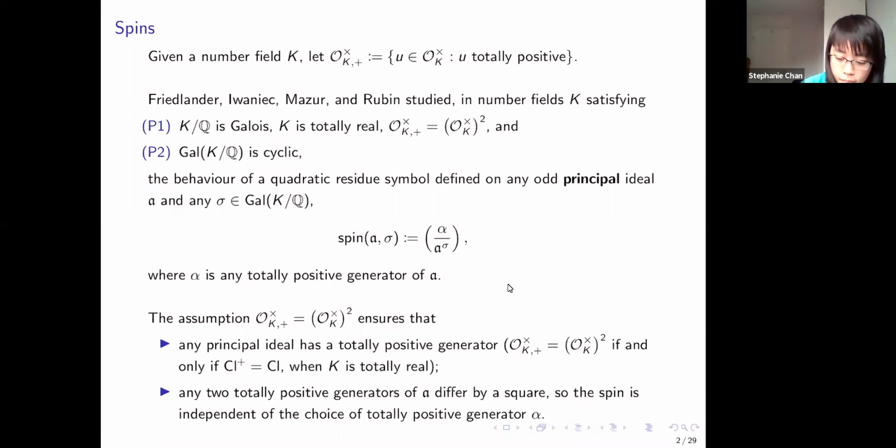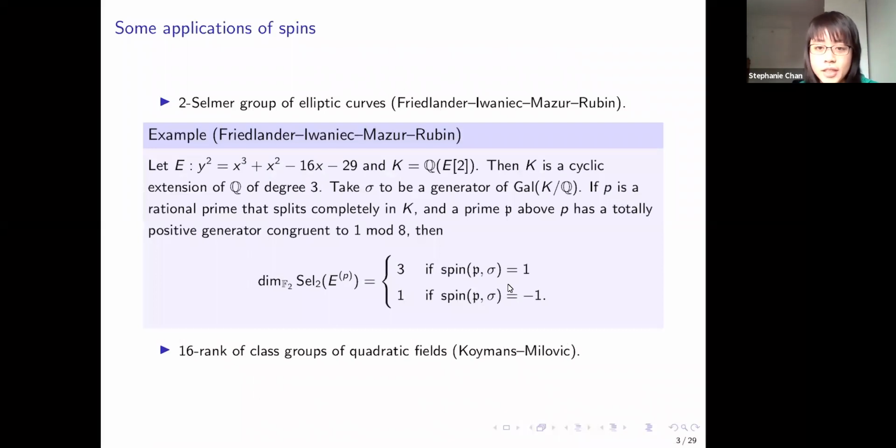There are some applications of spin. There are certain places where the spin appears. An example they gave was on the two-Selmer group of elliptic curves. For some elliptic curves that satisfy some conditions, which they stated in their paper, here I just give one explicit example that satisfies those conditions.